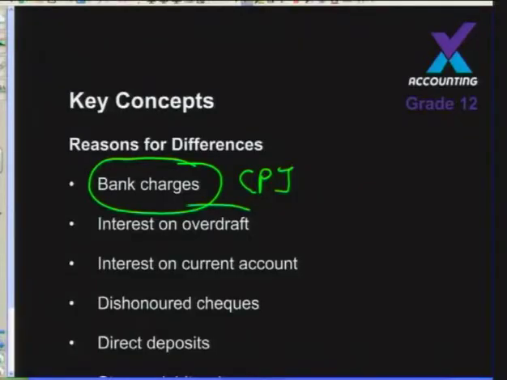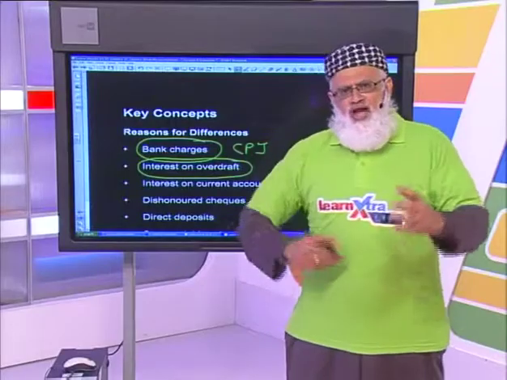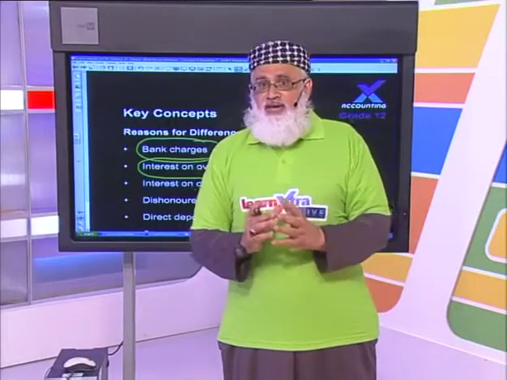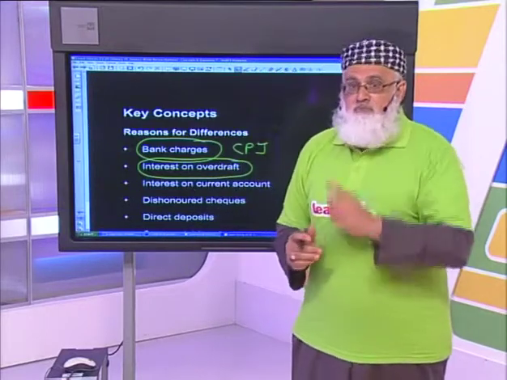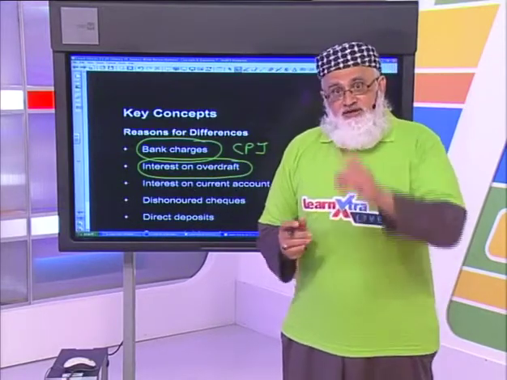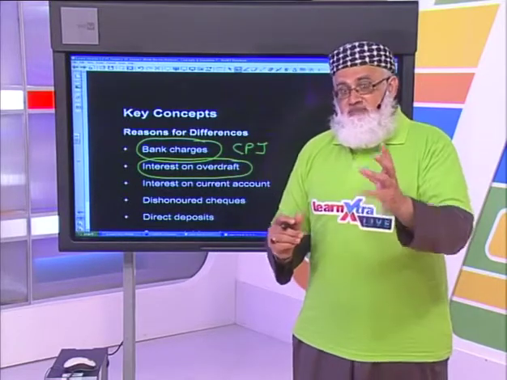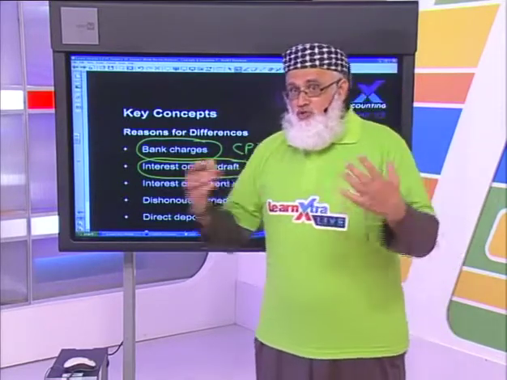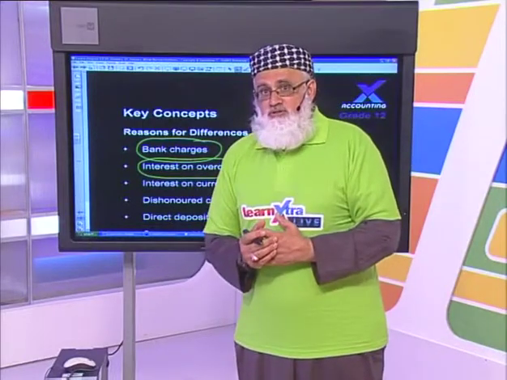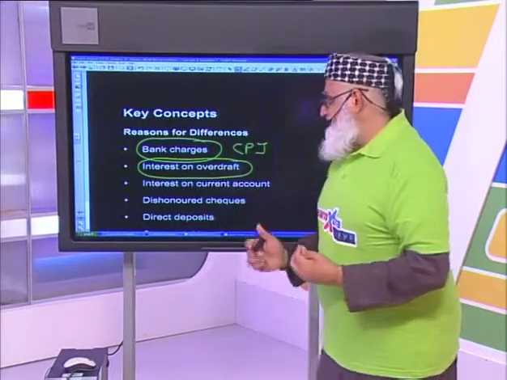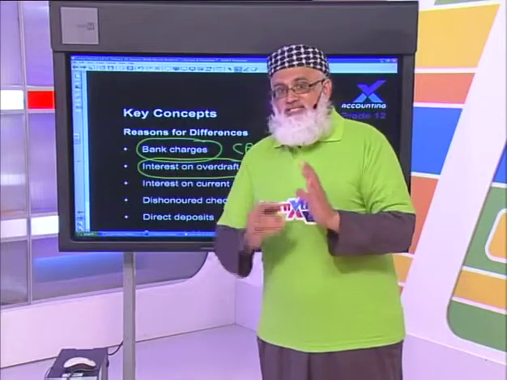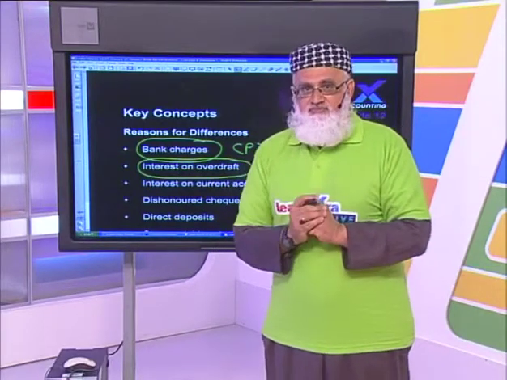Interest on overdraft. The question arises, why do we keep it separate from bank charges? A very important question. Remember, grade 12s, that when you are drawing up your income statement, which we will do, I'm sure, in later shows, you will always find that interest is always kept as a separate item.